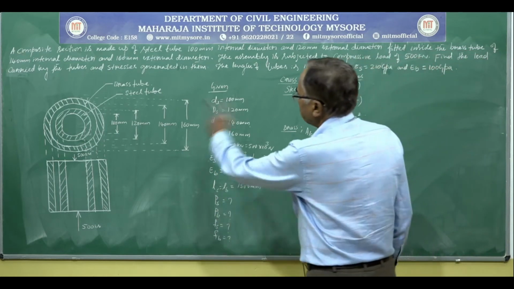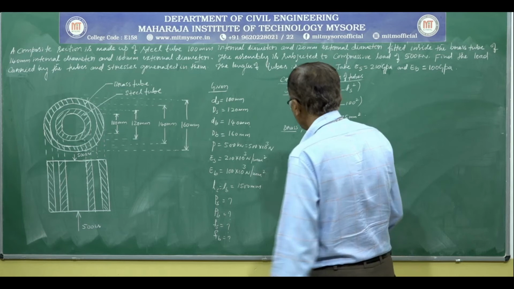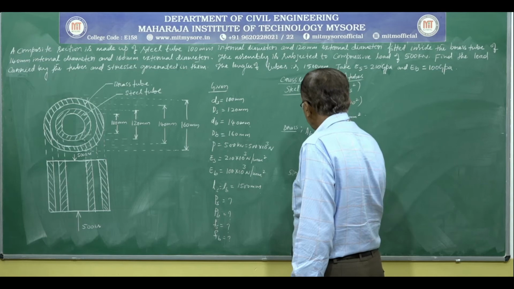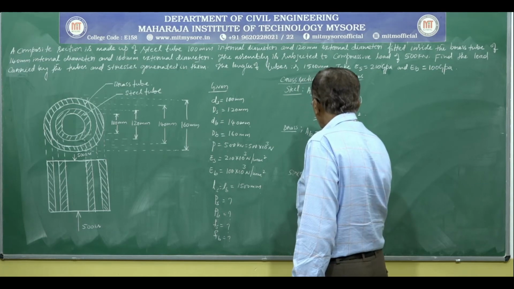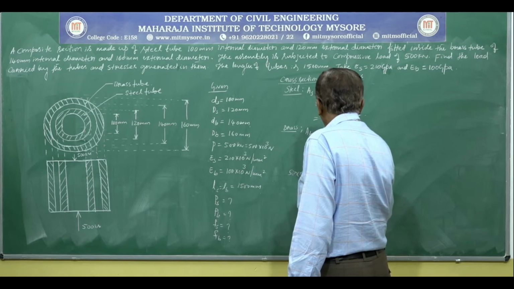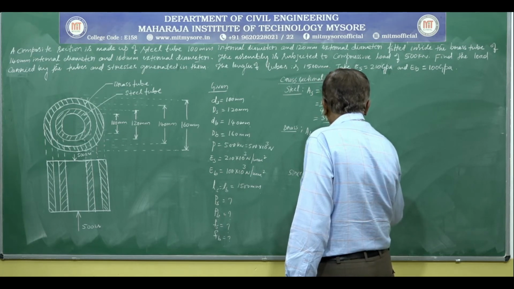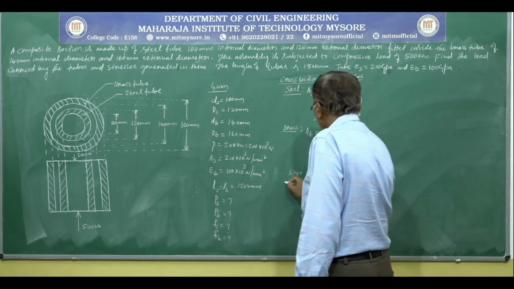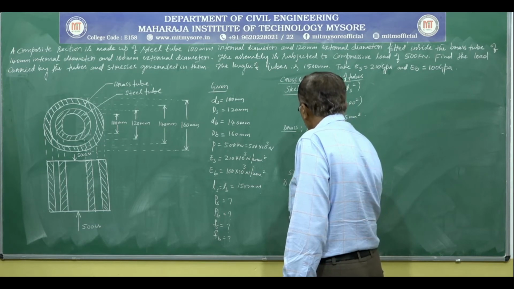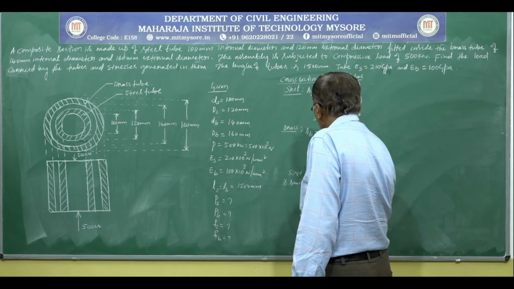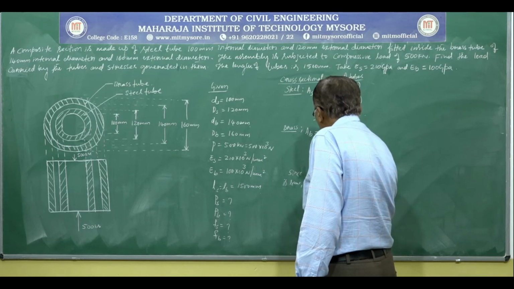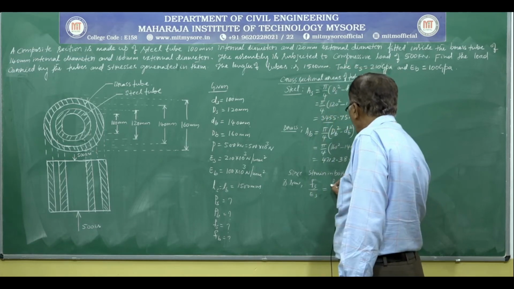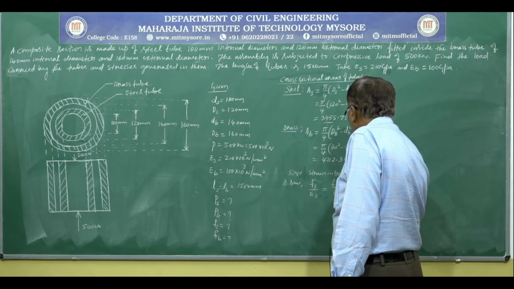Now let us apply the compatibility condition. Next line, since strain in both the materials is same, we can write like this: fs by Es is equal to longitudinal strain, fs by Es is equal to fb by Eb.